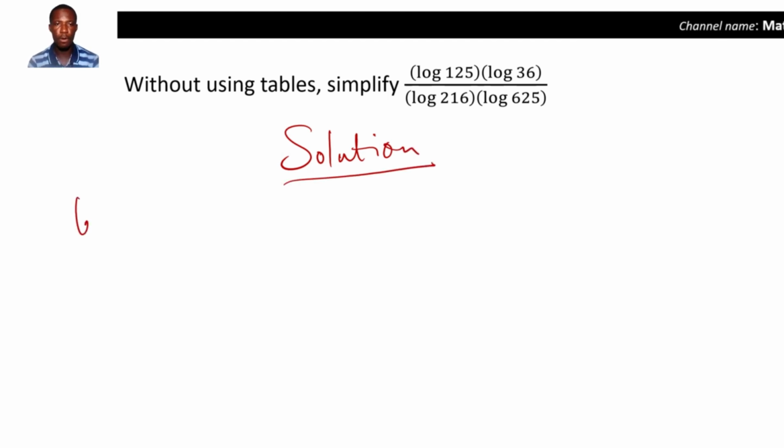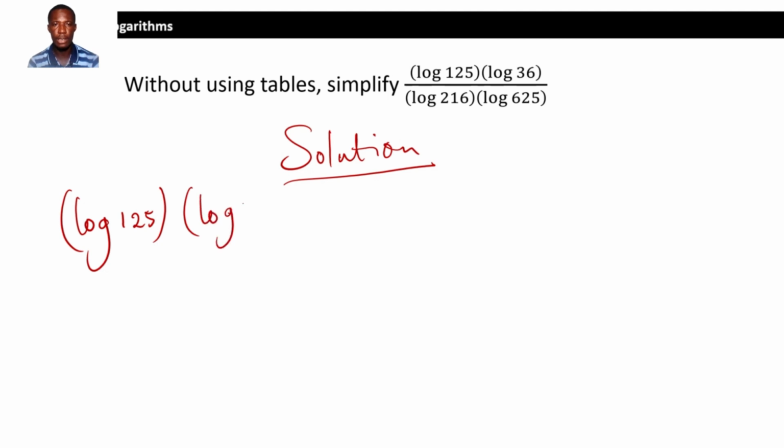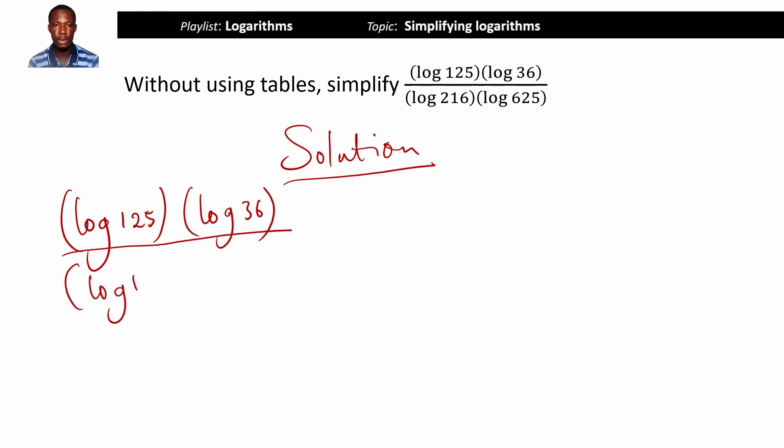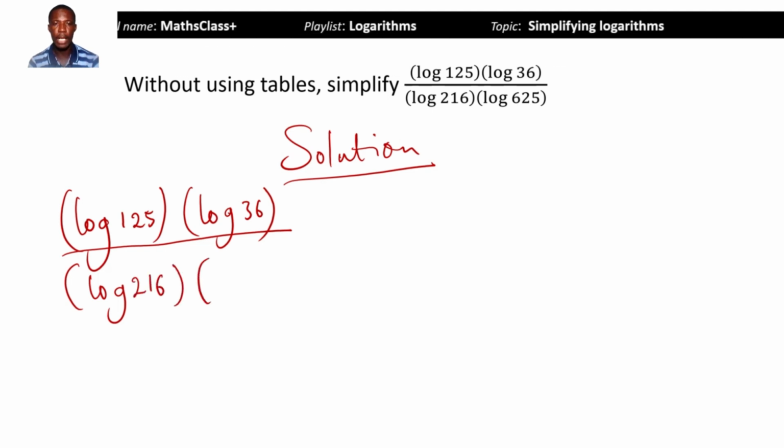Okay, so we have log 125 in one bracket, and then we have log 36 in another bracket, and the two are multiplying as a numerator of a fraction with denominator log 216 multiplying log 625.